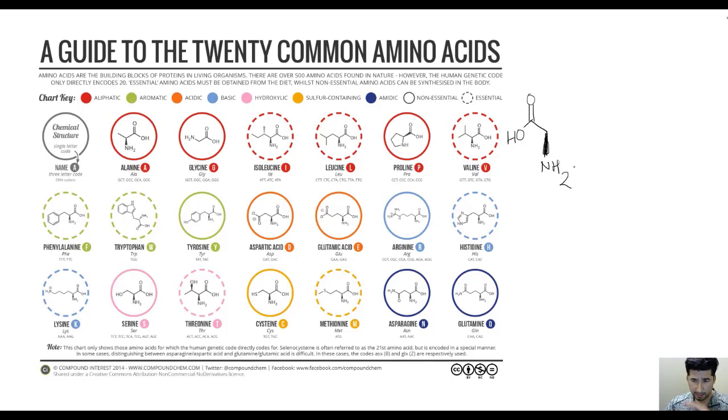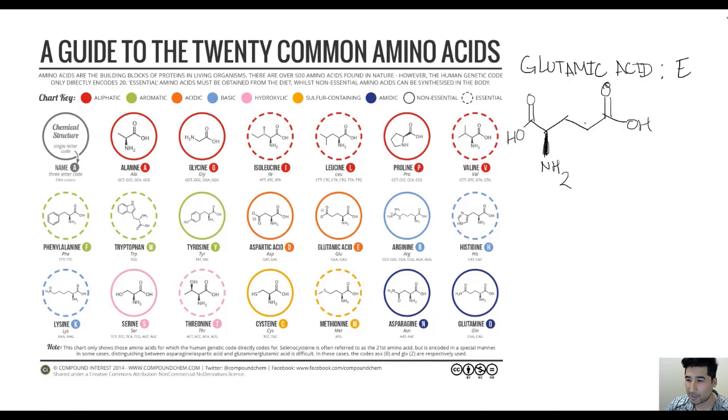I want to draw the amino acid completely neutral. Alright, so this right here is glutamic acid. And what is the one-letter abbreviation for glutamic acid? That is correct. The answer is E.